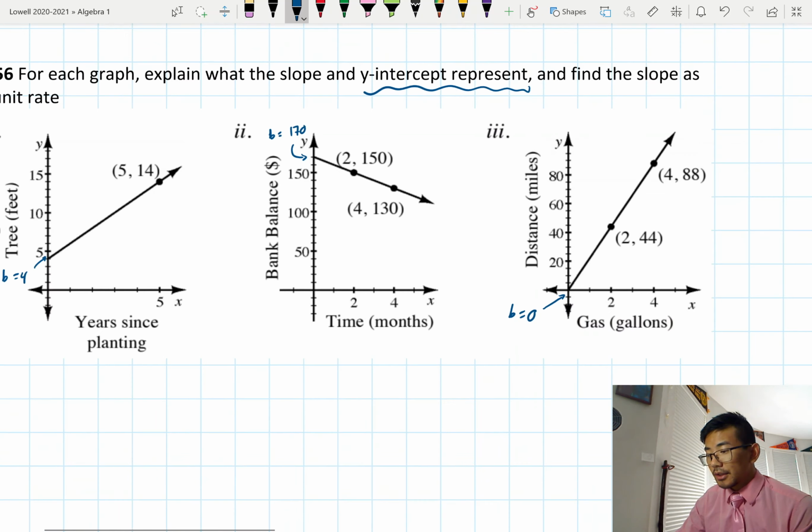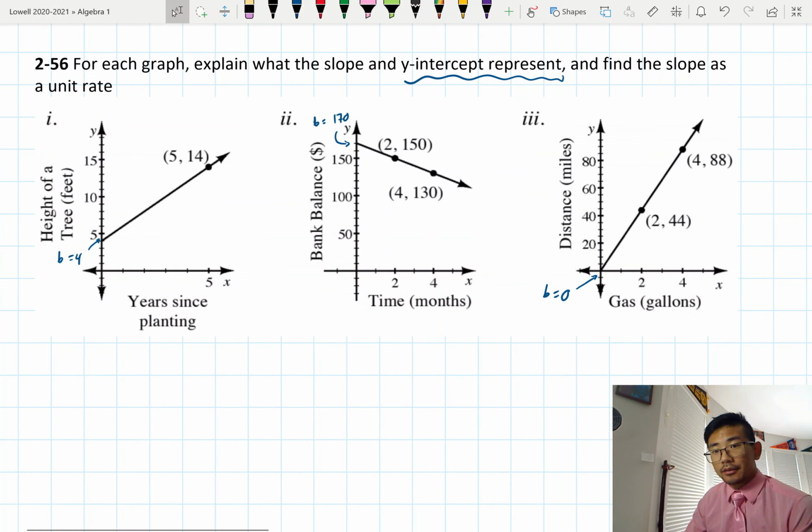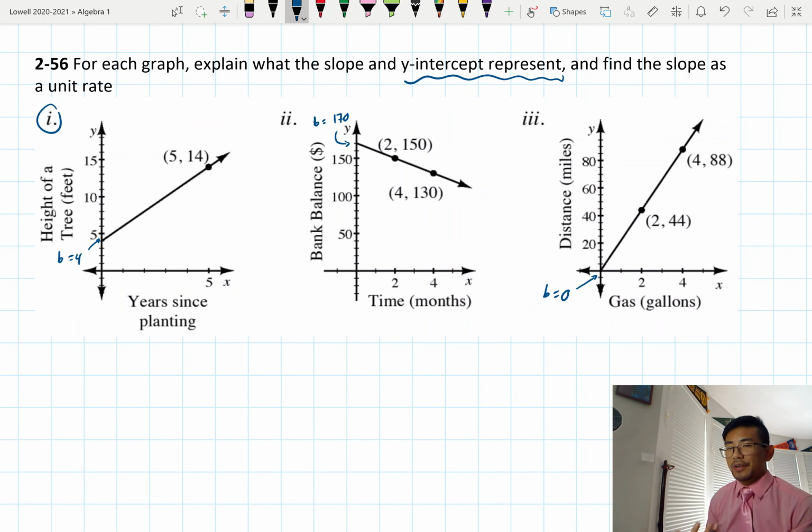Okay, so let's take a look at what these are actually saying. In graph number 1, we're looking at the height of a tree on the y-axis, and on the x-axis is the year since planting. So remember, when you're at the y-intercept, x equals 0.